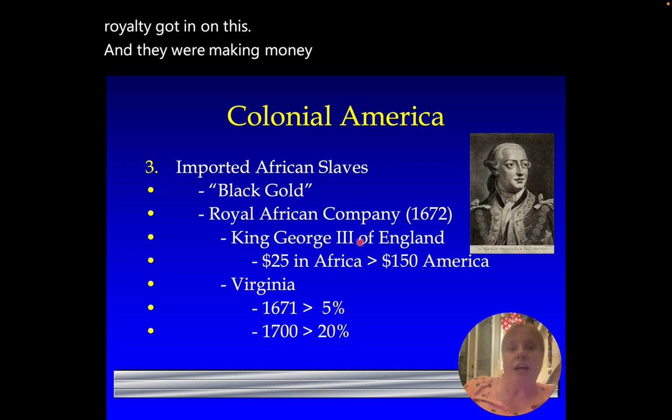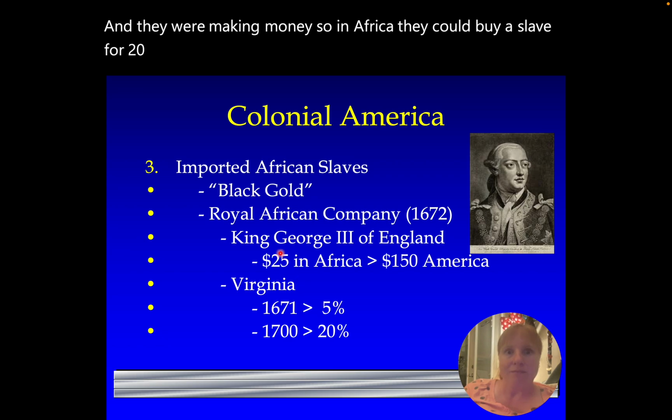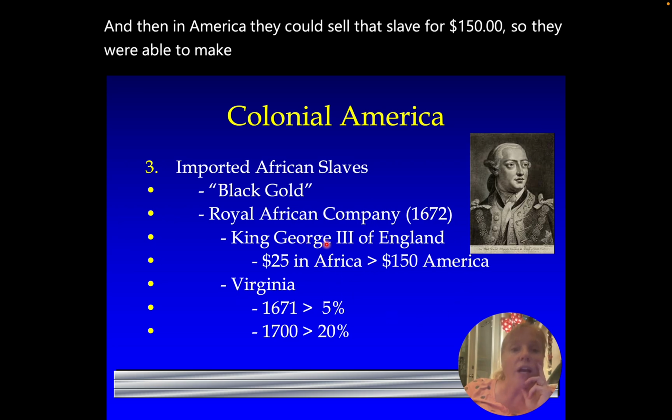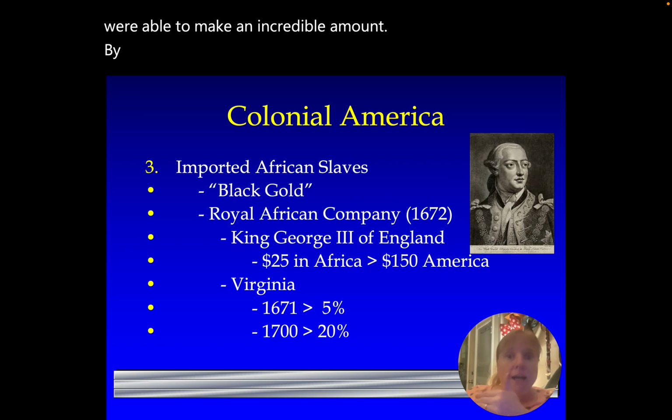So in Africa, they could buy a slave for $25, right? And then in America, they could sell that slave for $150. So they were able to make an incredible amount by buying slaves and reselling them in the Americas.